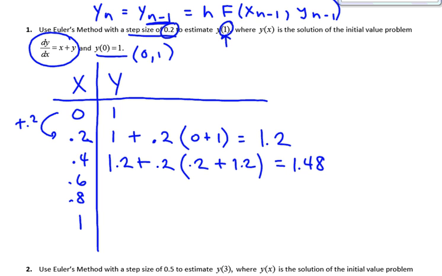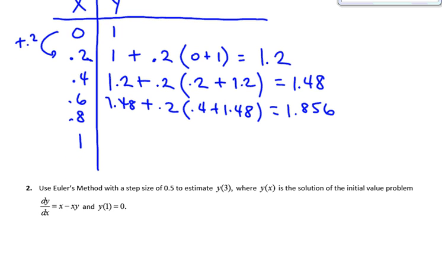Okay, continuing on at 0.6, previous y plus step size times previous slope is 0.4 plus 1.48. And we get 1.856. Okay, a couple more times, previous y plus step size times derivative evaluated at previous point.